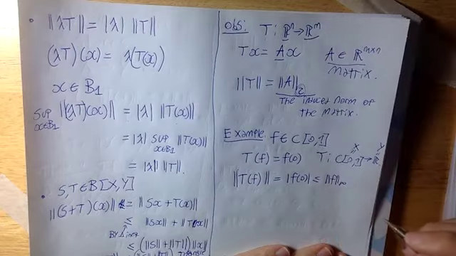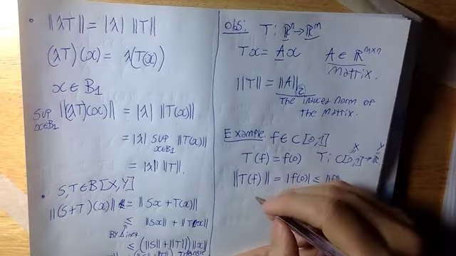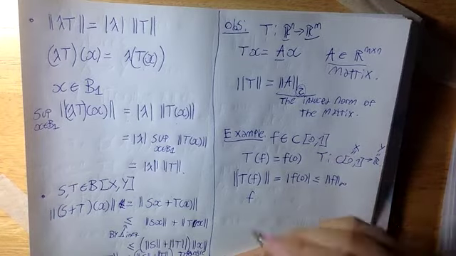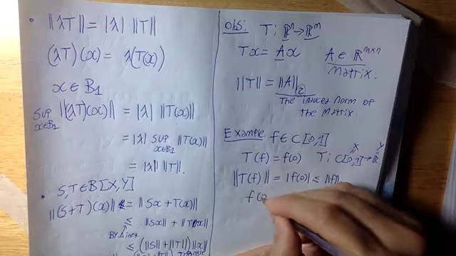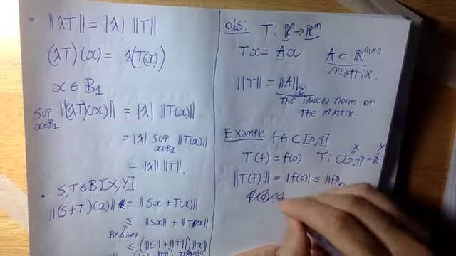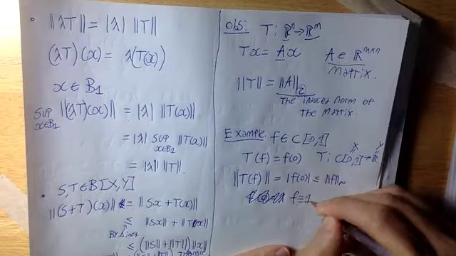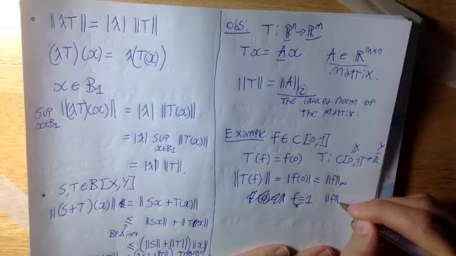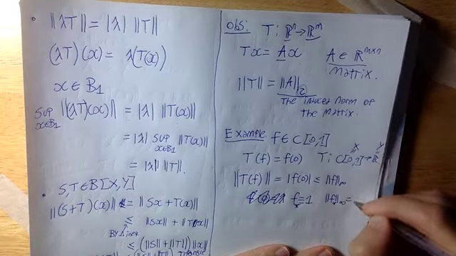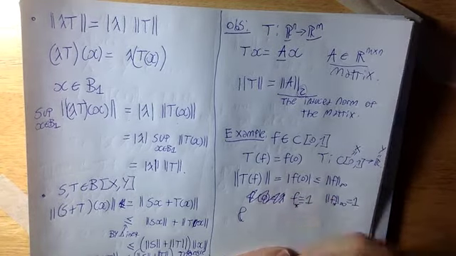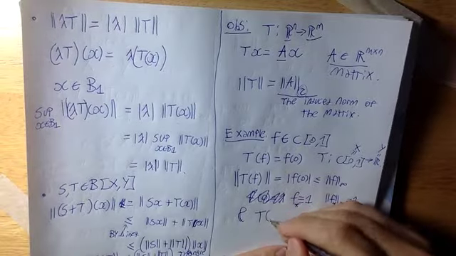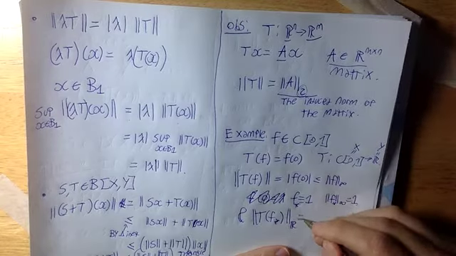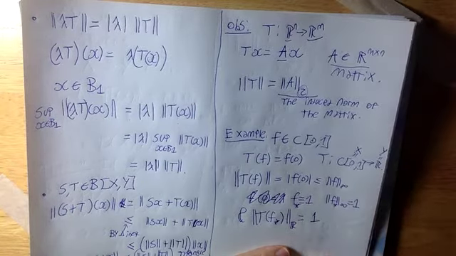And in particular, if we take f to be identically 1, so let's call it f tilde, the norm of f tilde infinity is 1, and the norm in R of T of f tilde is just equal to 1.